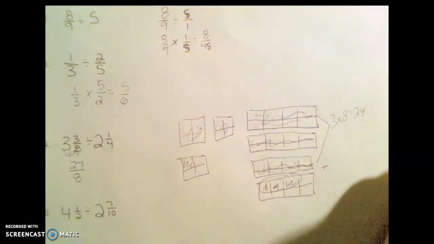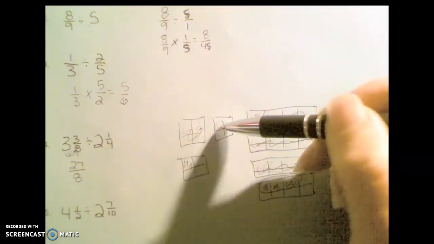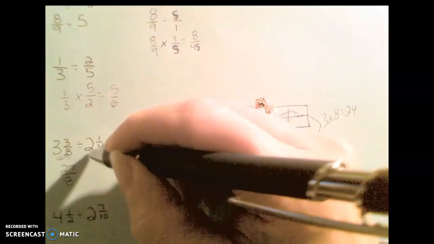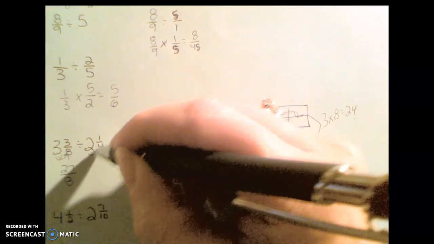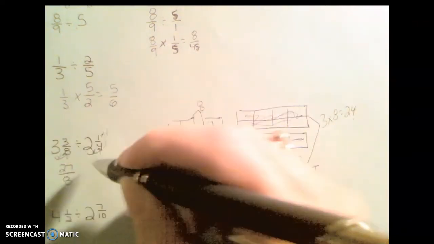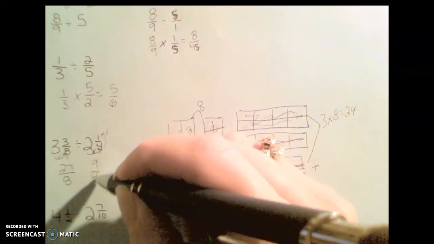So again, if I have 2 wholes and 1/4 of another, how many fourths do I have? Well, I have 2 groups of 8 pieces, which is 8 pieces each. That's where I get the 2 times 8, plus 1 more piece. That's 9 fourths.